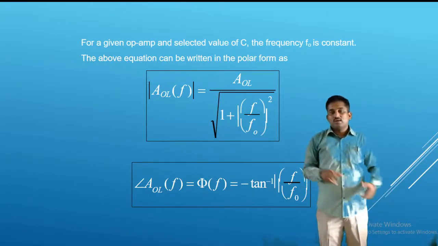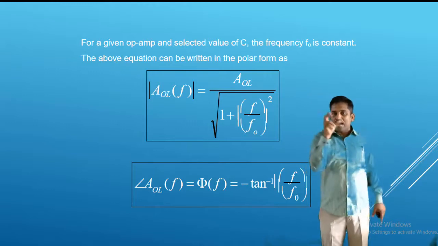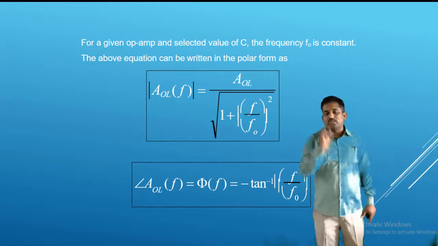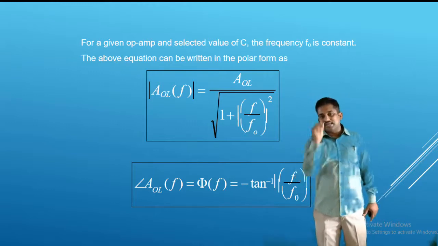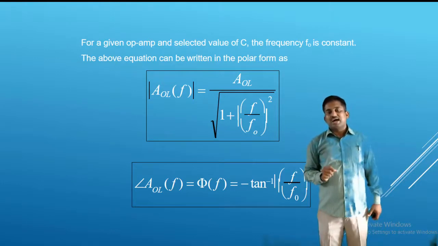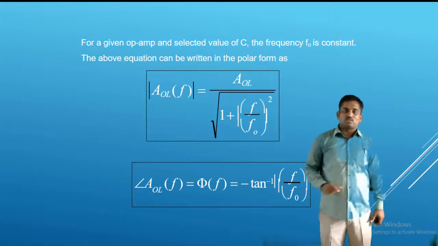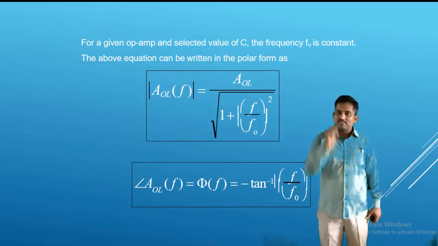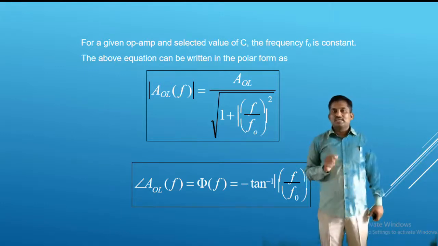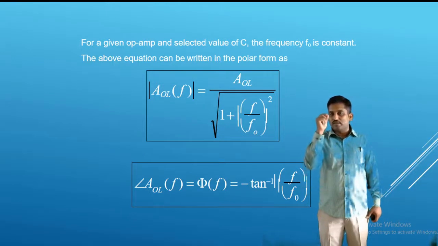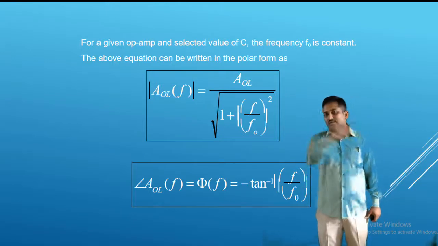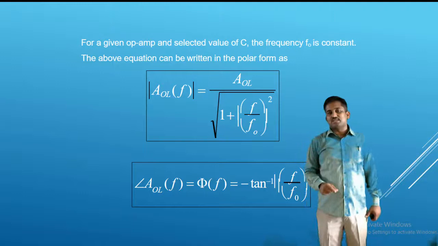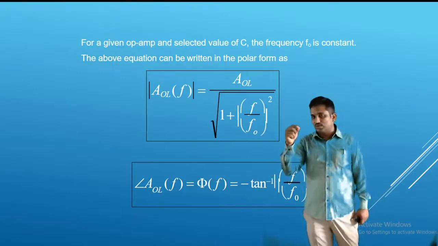So here for the frequency response, you have to remember two important things. One is gain crossover frequency and the other one is phase crossover frequency. What is gain crossover frequency? The frequency at which the gain of an op-amp will be equal to 1, which is expressed as 20 log of 1 is equal to 0 dB.